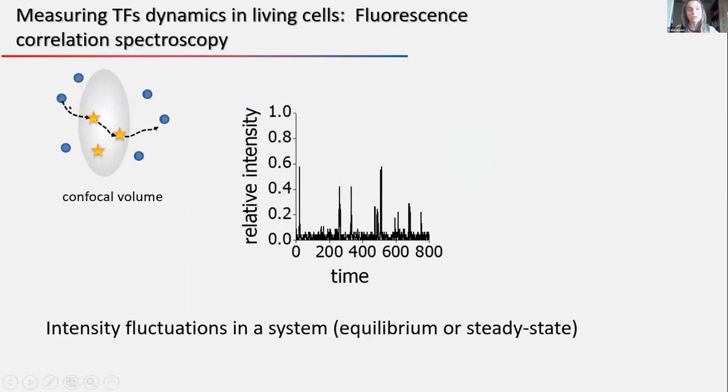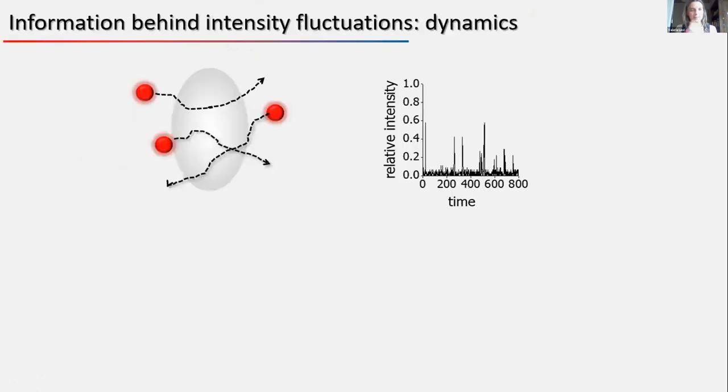Every time a molecule goes into this observation volume, it will get excited, it will start fluorescing until it moves out. So if you register the intensity as a function of time with enough time resolution, what you are going to see is the fluctuations of the molecules moving in and out of the volume. So I believe that you already knew that, but doesn't matter.